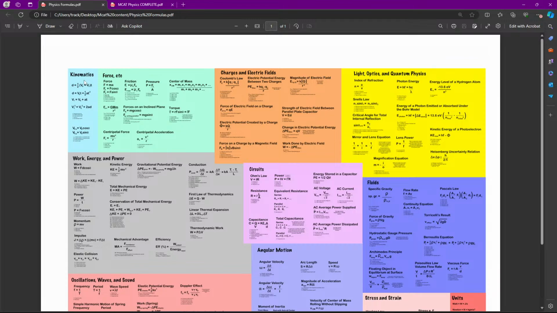And then V final squared is equal to V initial squared plus 2 a t squared. Oh, 2a times d. Centripetal force, F equals mv squared over r.